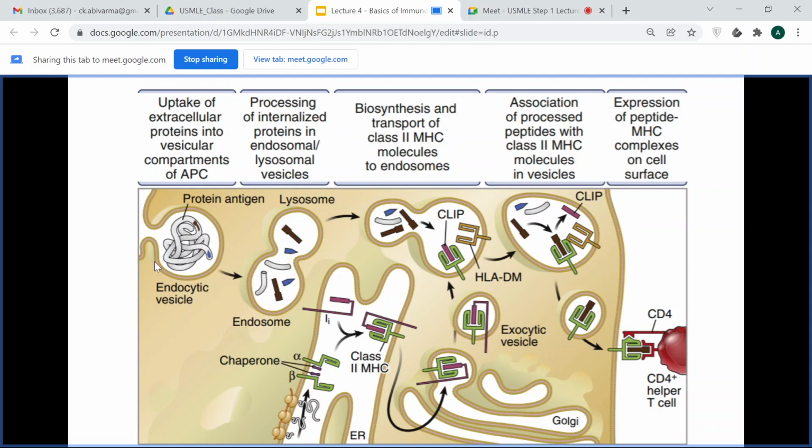Maybe this is a piece of the cell wall that this antigen presenting cell has phagocytized. Then once it forms the phagosome, there's a fusion between the lysosome and the phagosome, and you have all these hydrolytic enzymes that are released that digest the full protein into peptide molecules, oligopeptides.